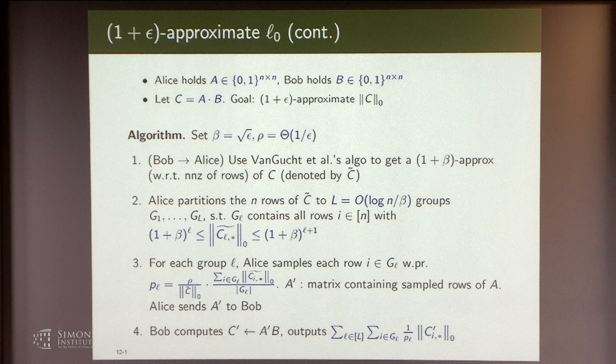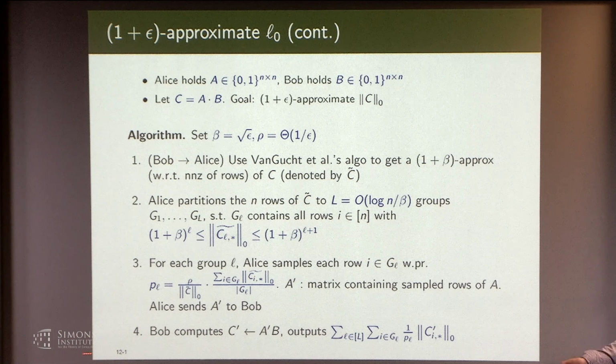Then for each group, Alice just samples each row with a probability proportional to the average number of non-zeros of the rows in this group. This is just a normalization factor. And then let A prime be those sampled rows. We can pad the others by 0.